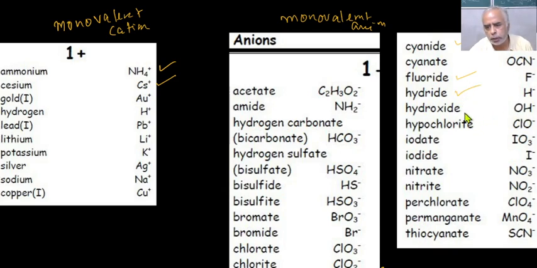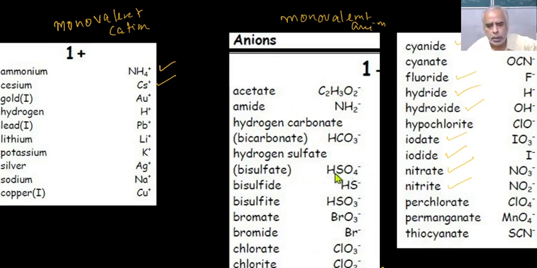So H minus. Hydroxide consists of two elements, O and H, with the negative charge. Likewise, hypochlorite, ClO minus, iodate, IO3 minus, iodide, I minus, nitrate, NO3 minus, nitrite, NO2 minus. Likewise, we have got various ions.